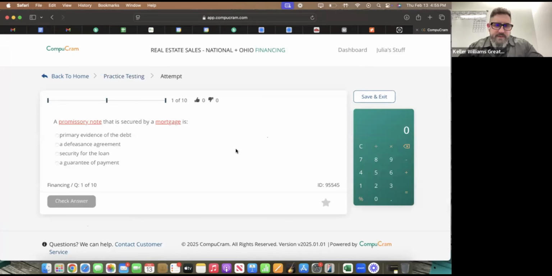All right. A promissory note that is secured by a mortgage is A, primary evidence of the debt, B, a defeasance agreement, C, security for the loan, or D, a guarantee of payment.